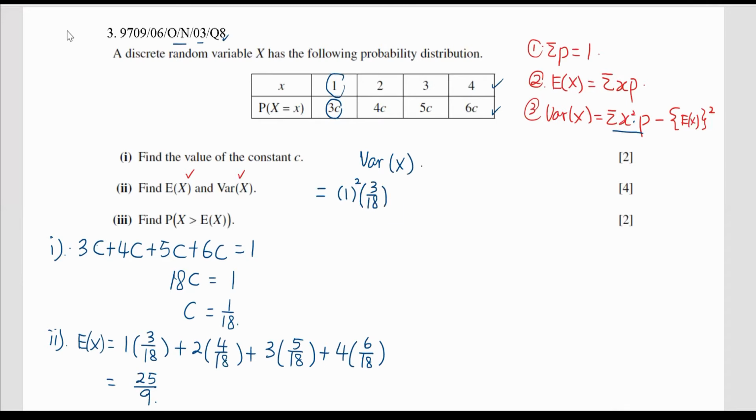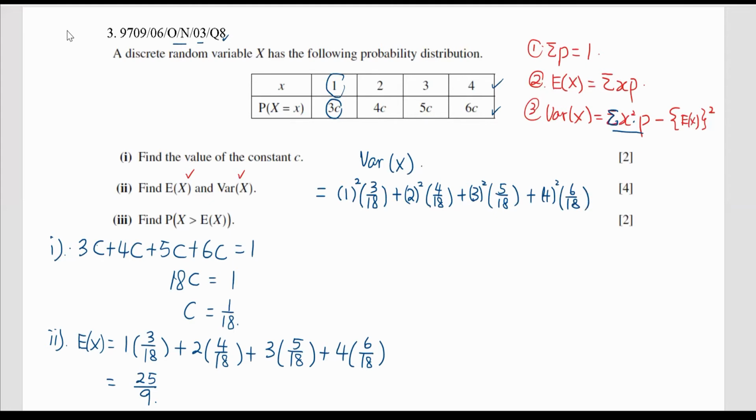Then you sum them up, with the second value, x squared multiplied by the probability, then plus 3 squared times 5 over 18, and then plus 4 squared times 6 over 18.